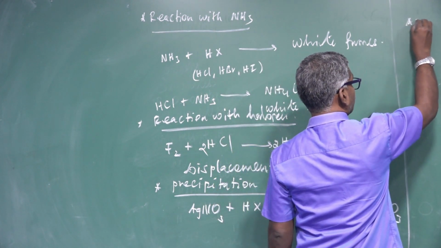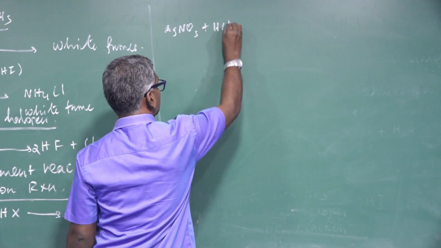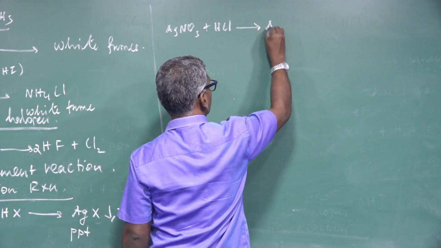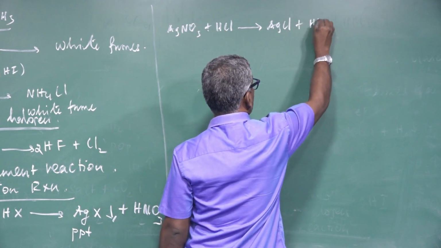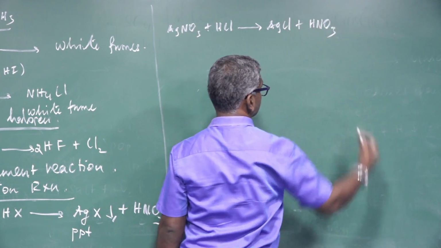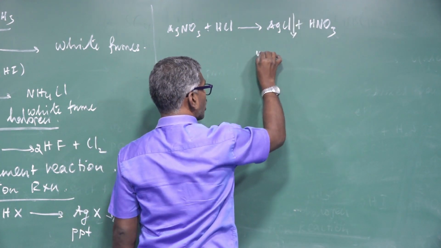For example, AgNO3 reacts with HCl to form AgCl plus HNO3. Here AgCl is formed as a white precipitate.